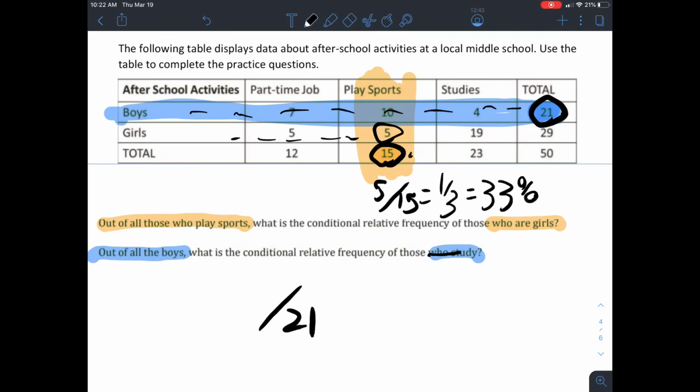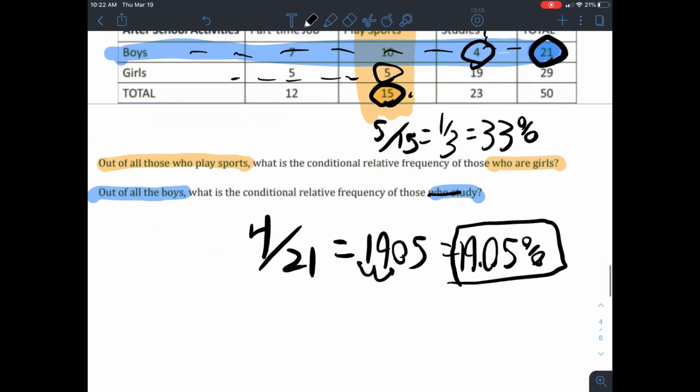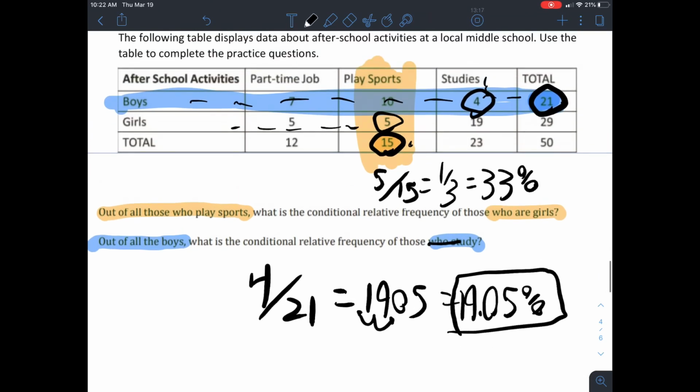So out of this 21 total boys, how many studied? Well, 4 out of the 21 studied. So it would be fair to say that 19.05% of all the boys study full-time rather than play sports or have a part-time job.